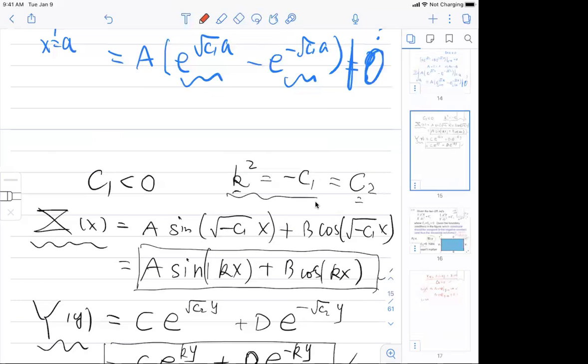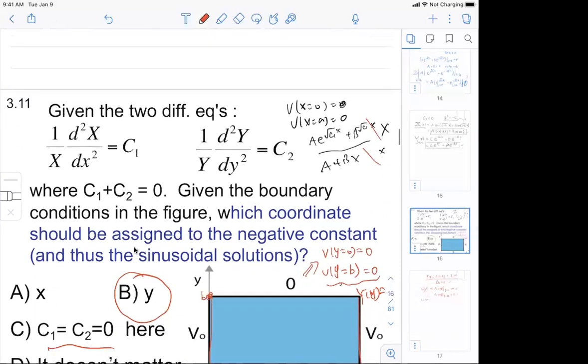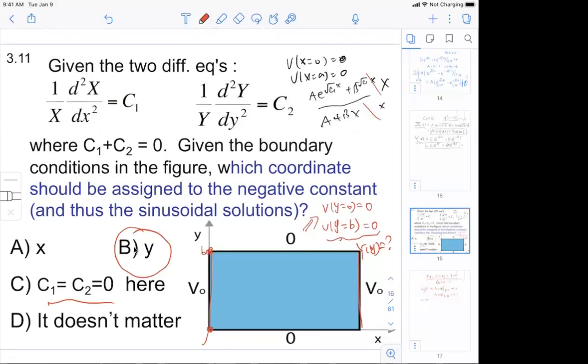I have a small question just about one of the conditions. When you did the linear one where C1 equals 0, why couldn't B be 0 and then satisfy that condition? If that's the case, you will get 0 potential everywhere within, and it will violate the boundary condition on these two sides.